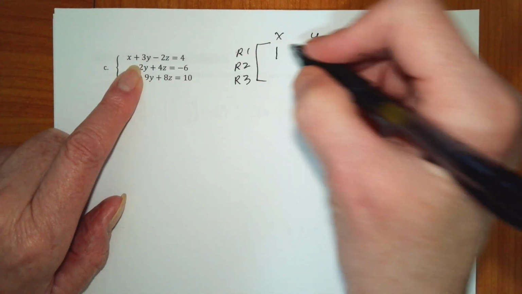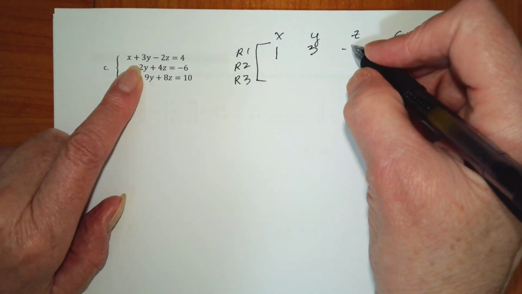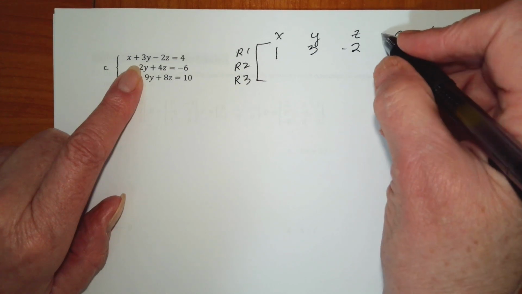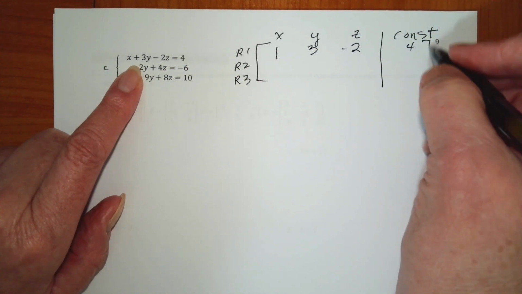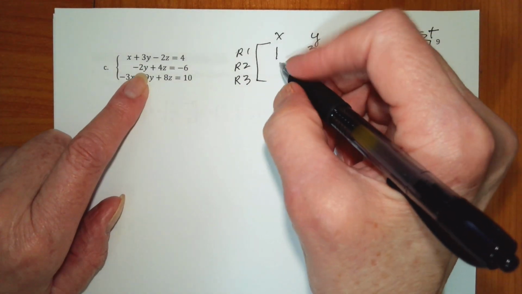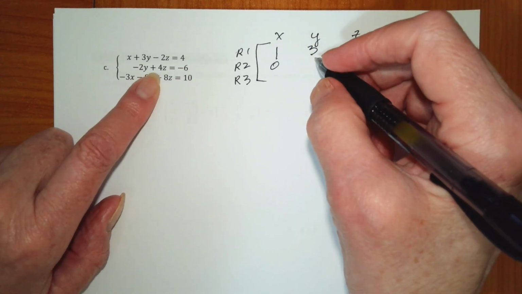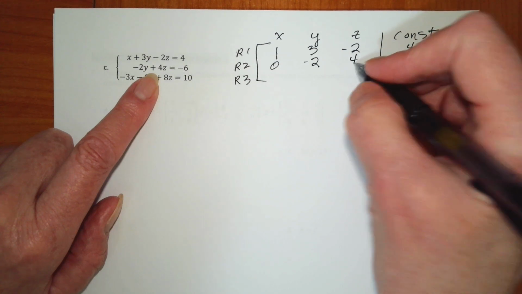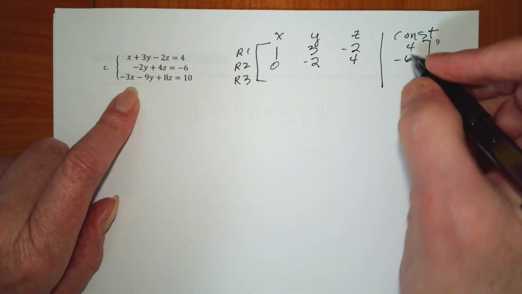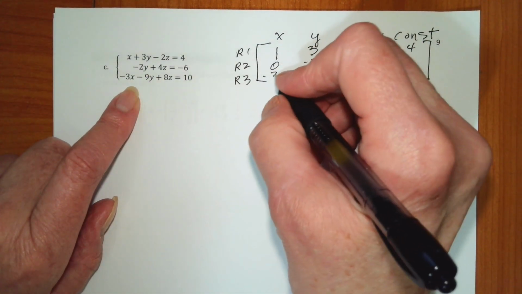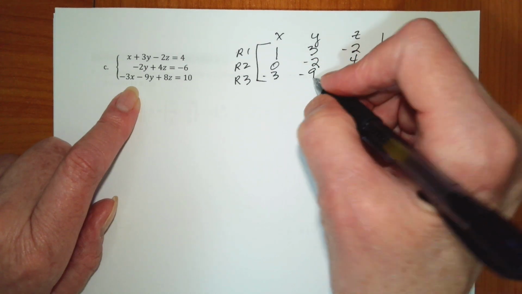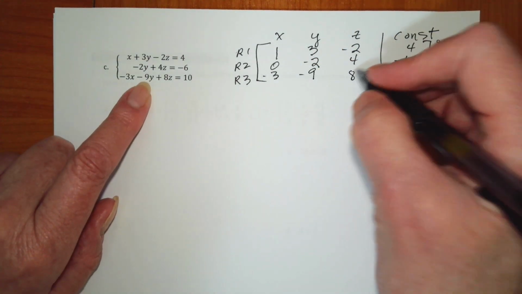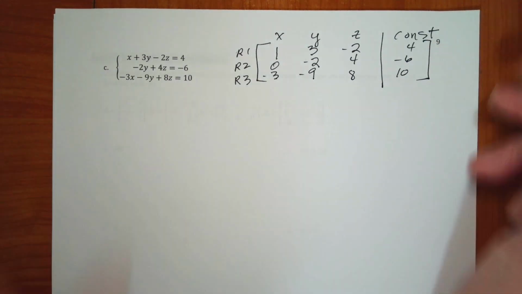So row 1 gives us 1, 3, negative 2, 4. I don't have any x's here, so that's a 0, negative 2, 4, and negative 6. And here I have negative 3, negative 9, 8, and 10.